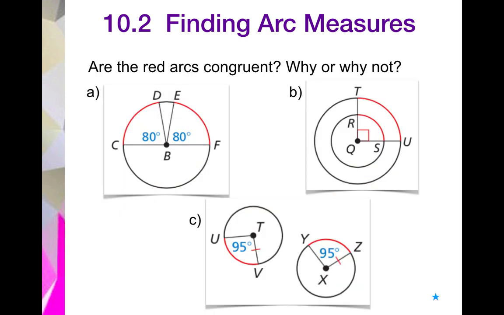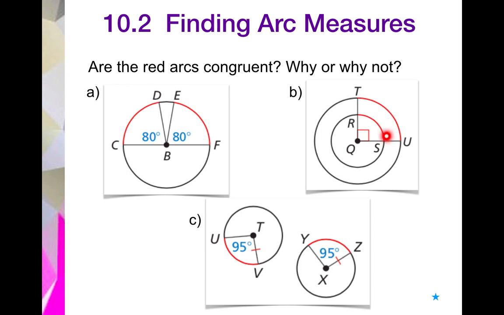And finally, these three problems. Are the red arcs congruent, and why or why not? So here you can see this is 80 degrees and 80 degrees, and there's a theorem about congruent central angles. So you use that to either prove this or not prove this.